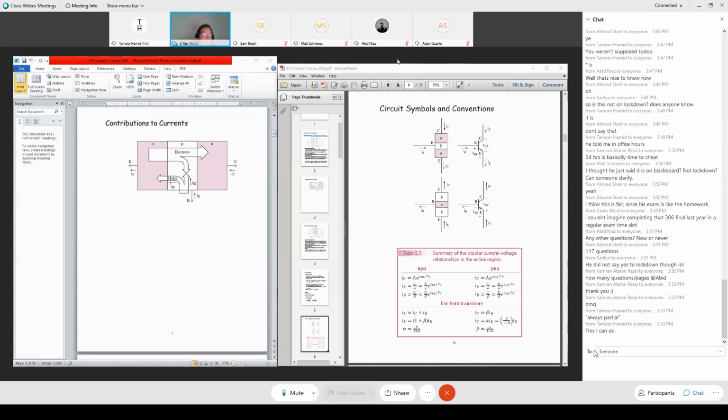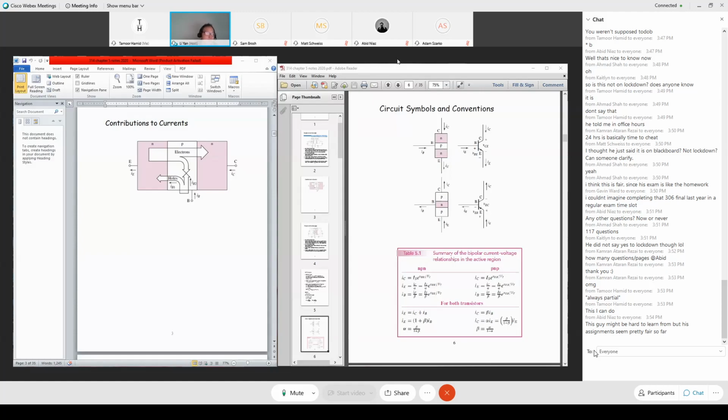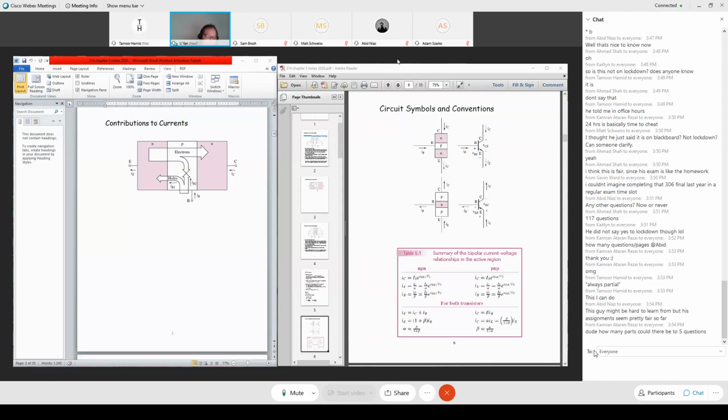So my exam points are all distributed into the steps. It's not the final answer being right or not right, a black and white answer. So if you get three of five steps right, you get 3/5 points. That's my philosophy. Consistent with that philosophy, you need to provide the answer in every step, so I can judge in which step you earned your partial credit. Did I answer your question?